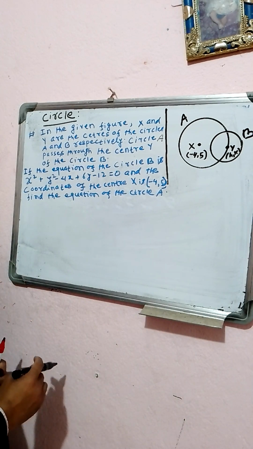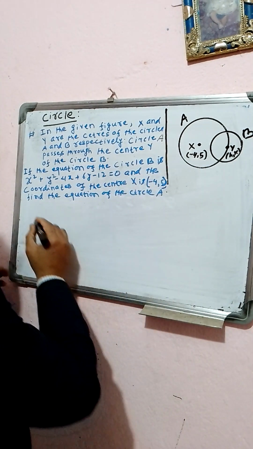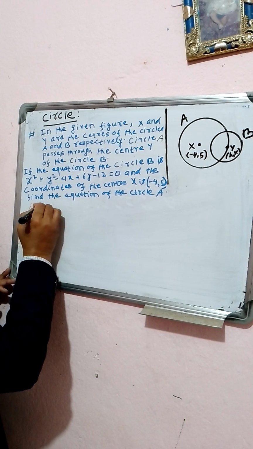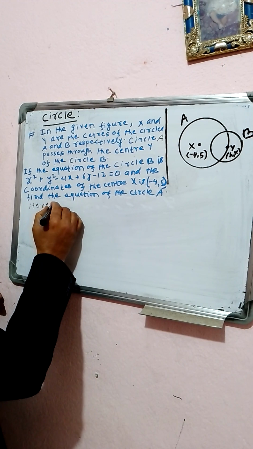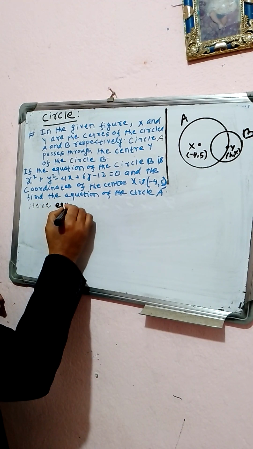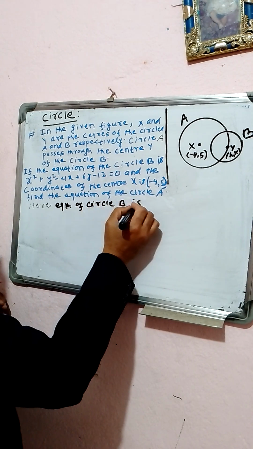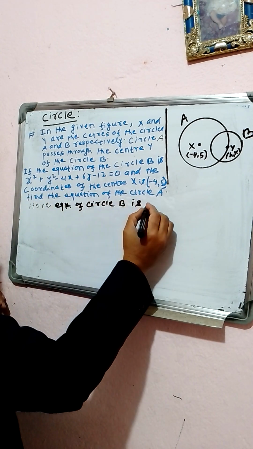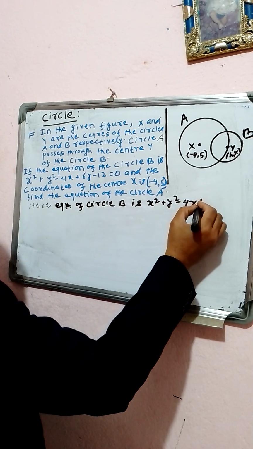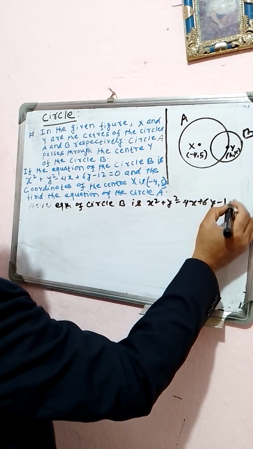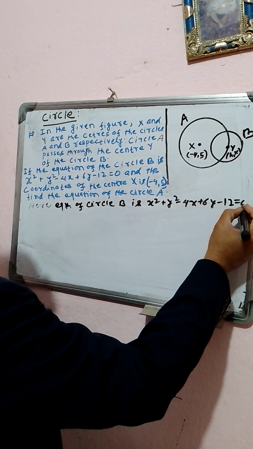So firstly, you can see here the equation of the circle B is given as x square plus y square minus 4x plus 6y minus 12 equals to 0.